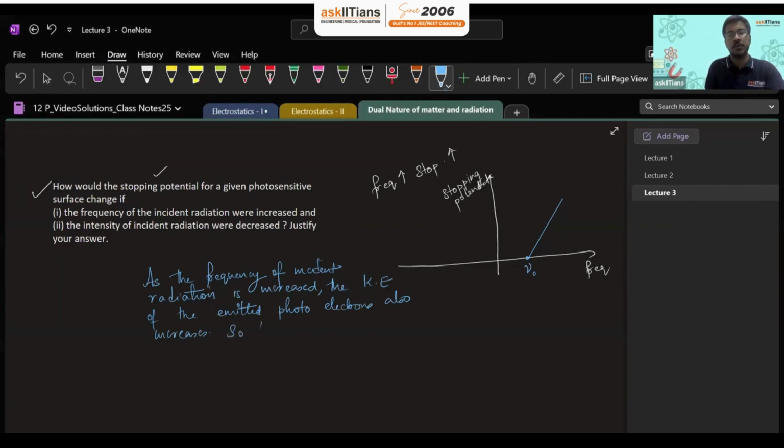So the stopping potential will also increase. It's very obvious.